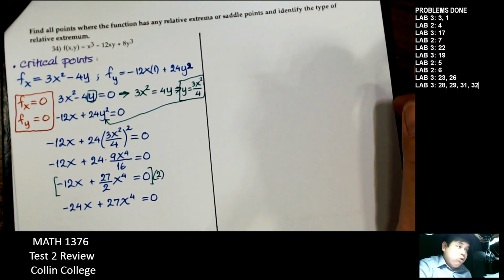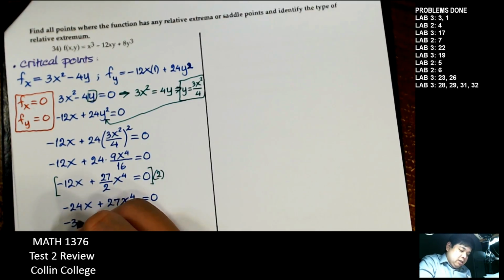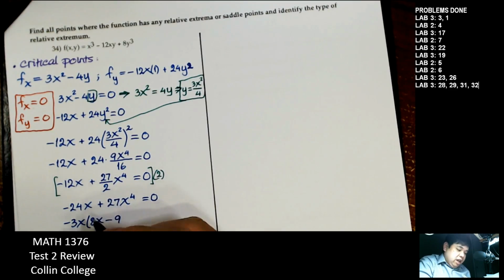Next, try to solve for x. I'll do factoring. Both of them have x, and both are divisible by 3, so I will factor out negative 3x. Inside that will be 8x cubed minus 9, sorry, just 8.